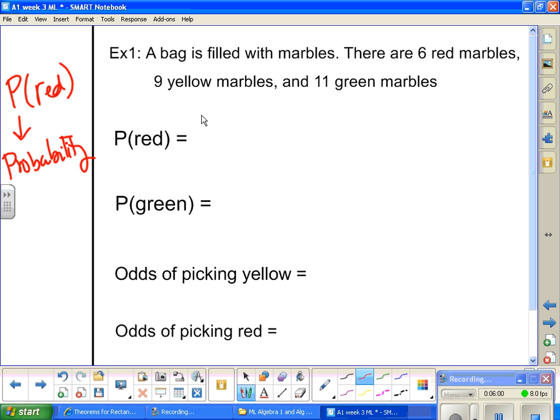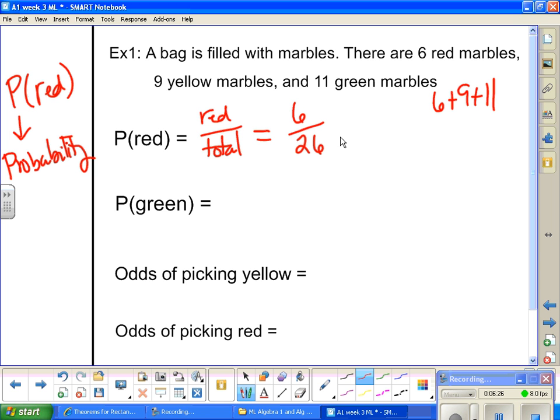You want to know, what is the red over the total. So how many red are there? There are 6 red marbles over the total. So what we have to do is say 6 plus 9 plus 11, which is 26. So 6 over 26. If you want to reduce it, you can.